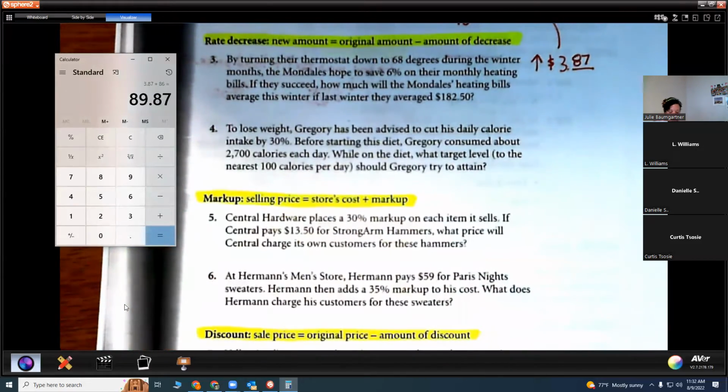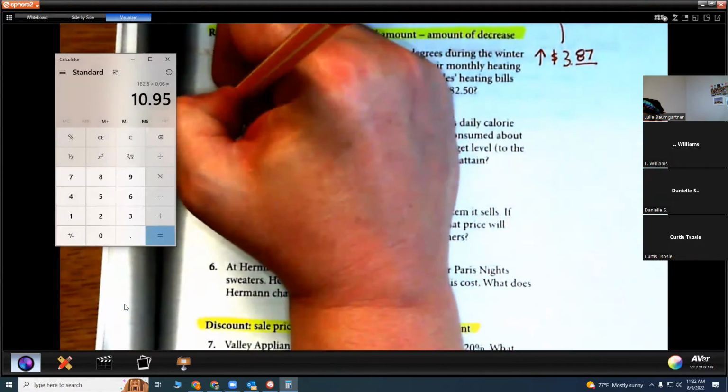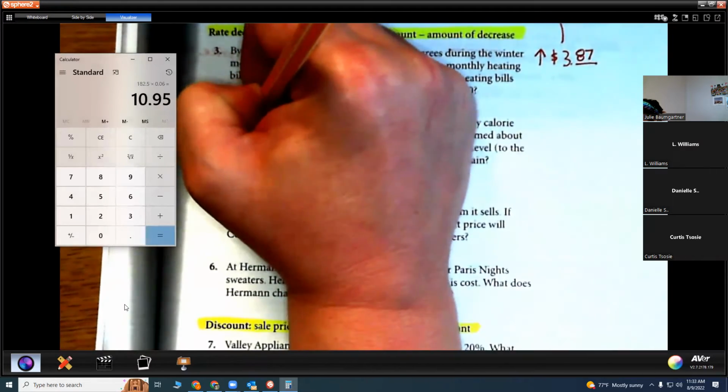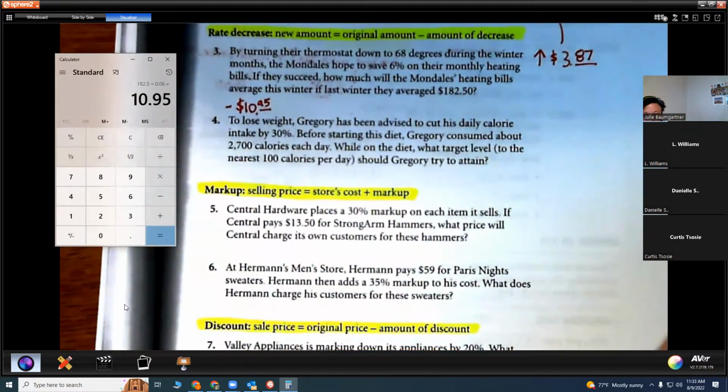So same thing. I'm going to take my whole 182.50 and multiply it by 6% or 0.06. That means they should be saving $10.95 a month. And so we take 182.50 minus 10.95.